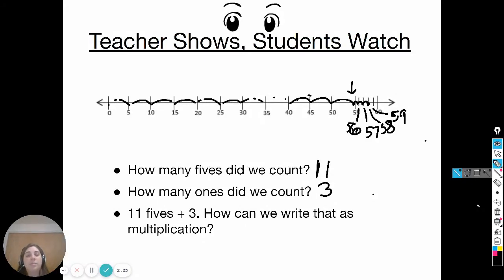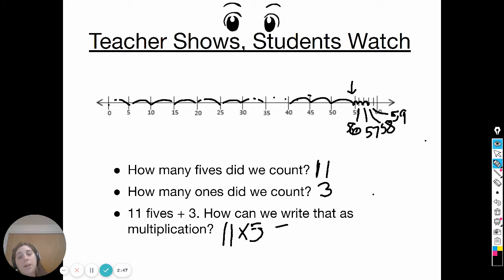How can we write that as multiplication? Well, we counted by 5 11 times. So that's 11 groups of 5. Okay? That's our multiplication, 11 groups of 5.